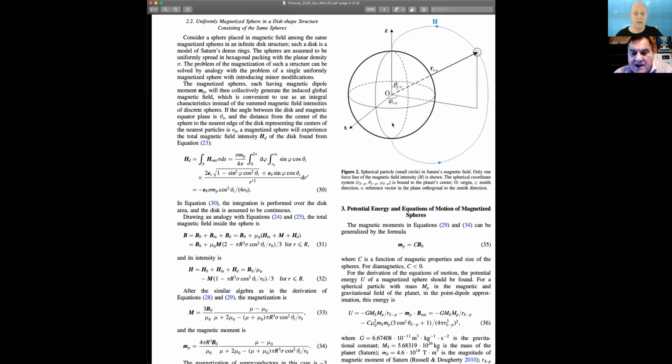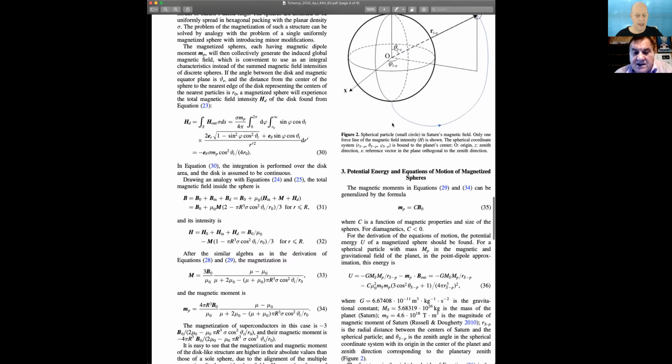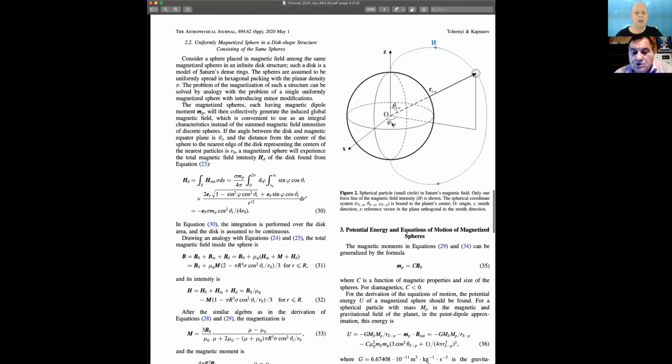The spheres are assumed to be uniformly spread in hexagonal packing with the planar density sigma. The integration, with the planar density introduced, expression 30, is performed over the disk area. The disk is assumed to be continuous.